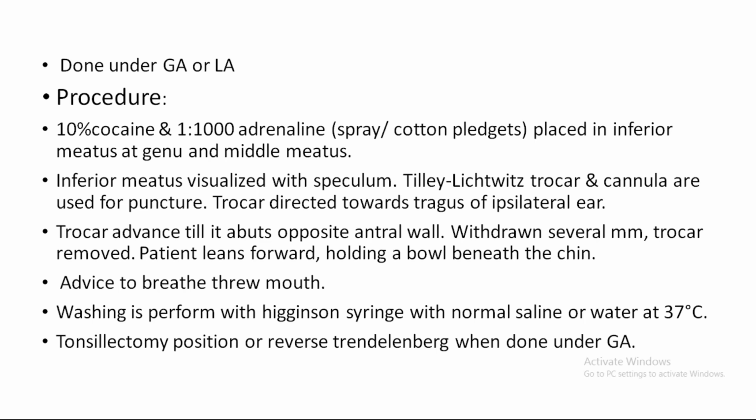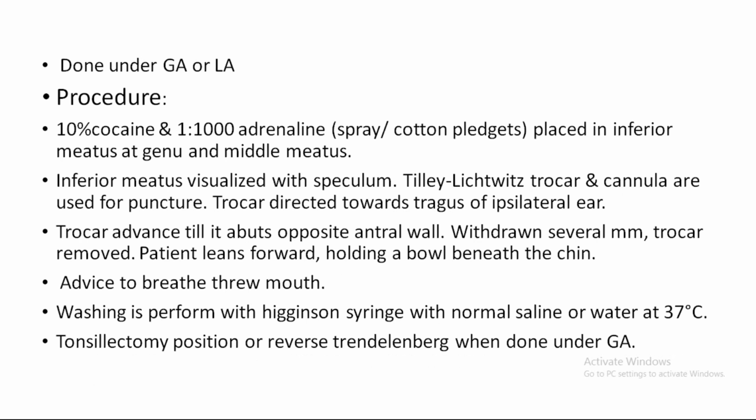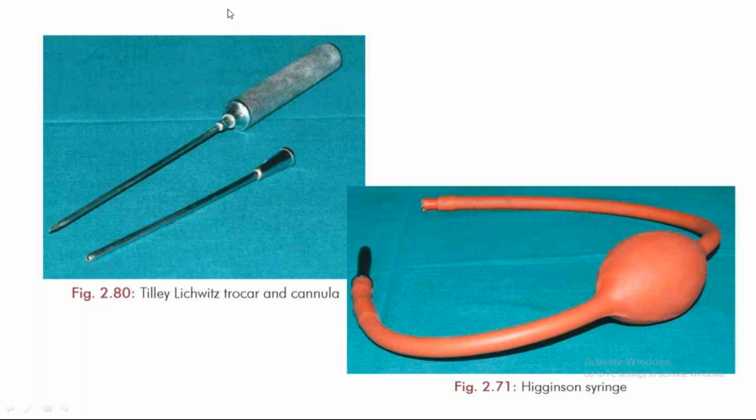In sitting posture, you make the patient comfortably sit in front of you, and after removal of the pack, you take the Tilley's antral set. This is the Lichtwitz trocar, and this is the cannula.